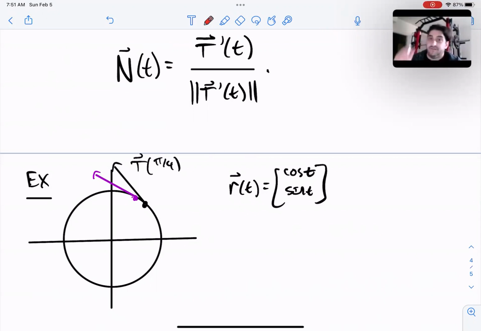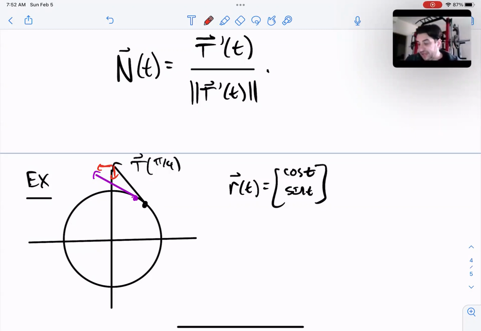But it's falling down, right? The y coordinate of the tangent vector is decreasing, and it's also going to the left. So the change of the tangent vector is going down and to the left. As you go from the black point to the purple point, the tangent vector goes down and to the left.